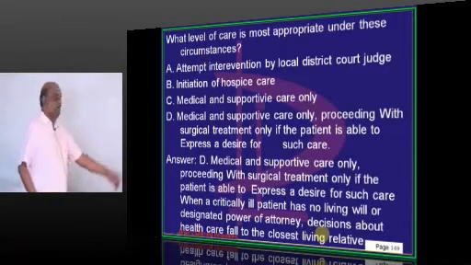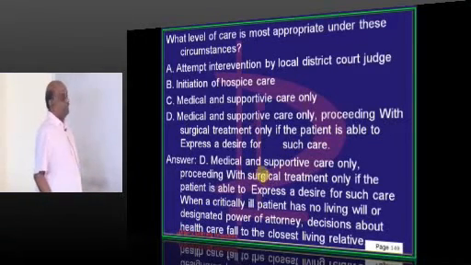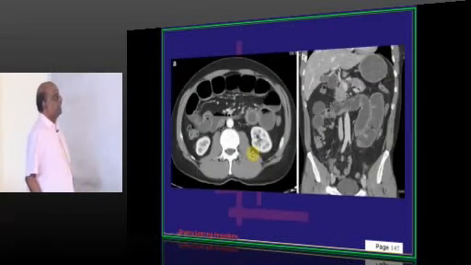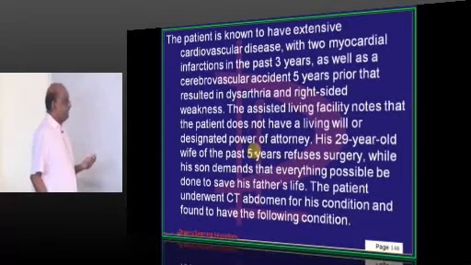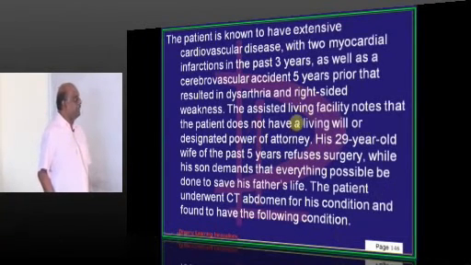So basically, medical and supportive care only. This man did not express any consent about what has to be done with his life. He is living in an assisted living facility.